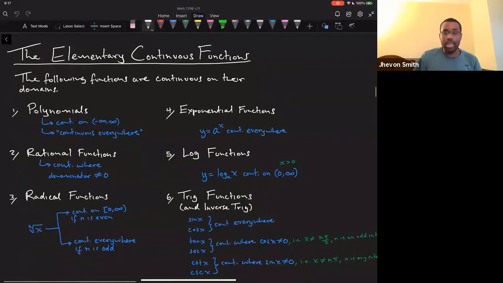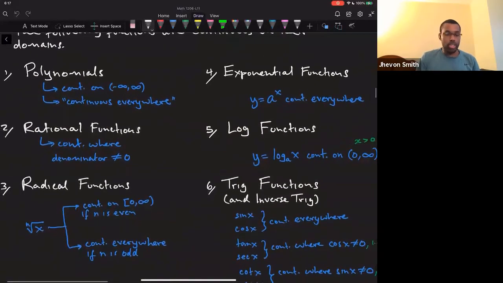We also looked at the elementary continuous functions. These are functions that you can always assume are continuous on their domains. So from now on, hence and forevermore, at any point in time in class, you can tell me, oh, it's a polynomial, so it's continuous, and I'll believe you. I won't require justification for that statement.